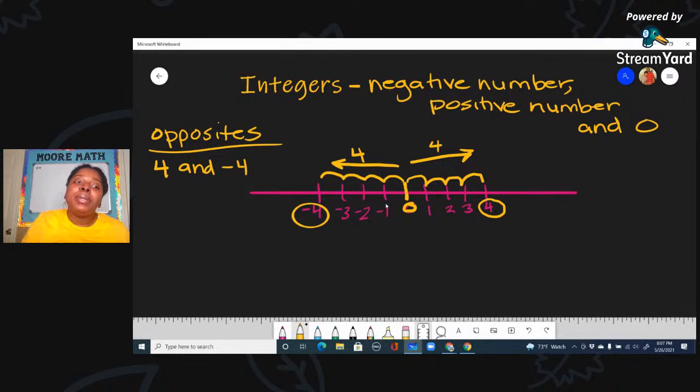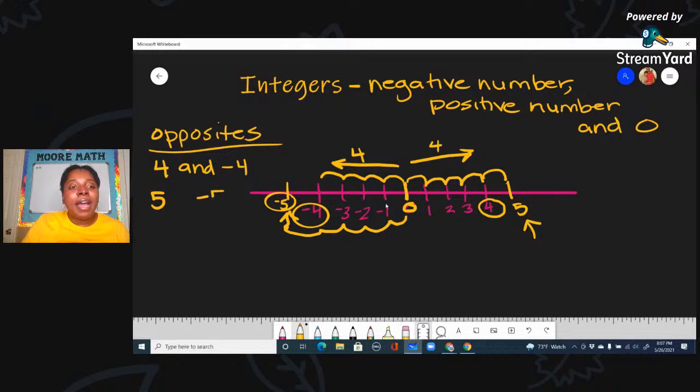So if we were doing number 5, what is the opposite of 5? If I go to the right 5 spaces, I'm at 5. Now, if I go to the left 5 spaces, 1, 2, 3, 4, 5, where are we? -5.